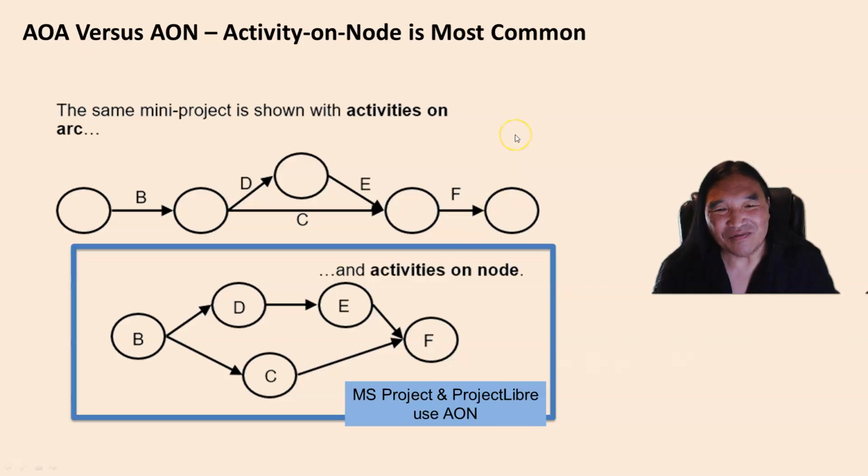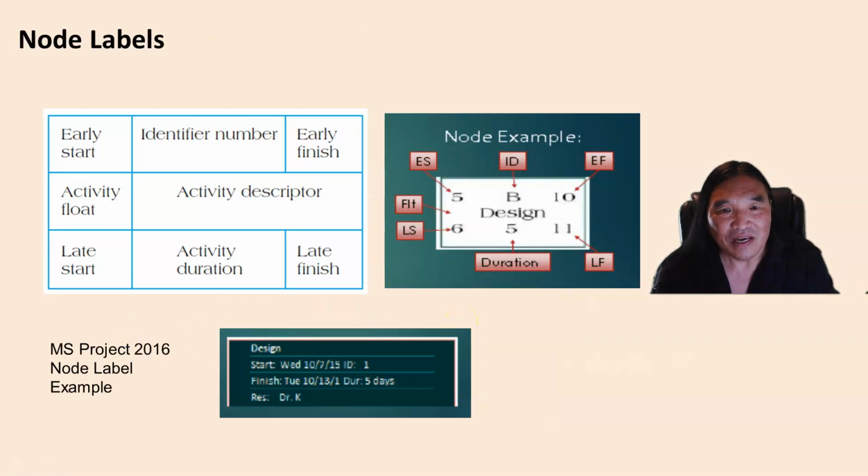And there are two ways of doing projects in terms of nomenclature. There's activity on arc, where you put the activity on the arc, or you could put activity on the node. And so activity on node is what MS Project and Project Libre typically use.